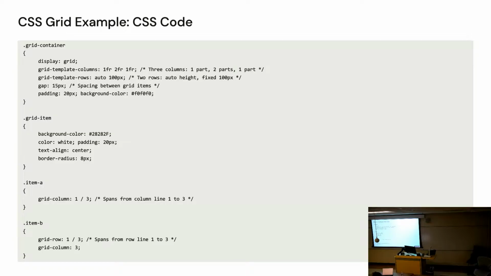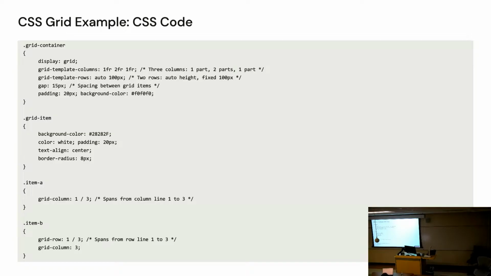And then row 2 is 100 pixels. So no matter what, your row 2 will be 100 pixels, no matter how big the first row gets.